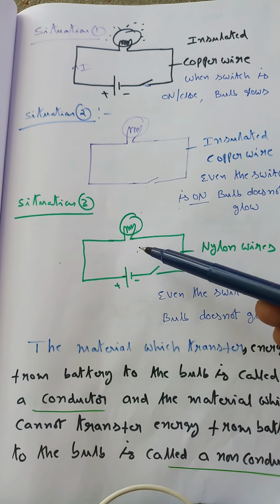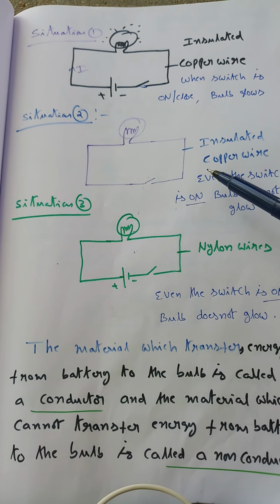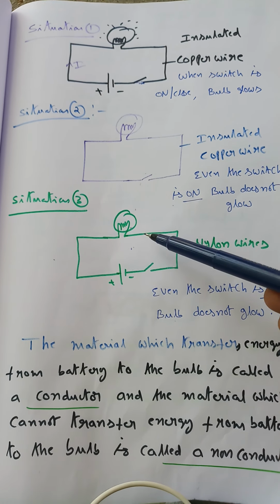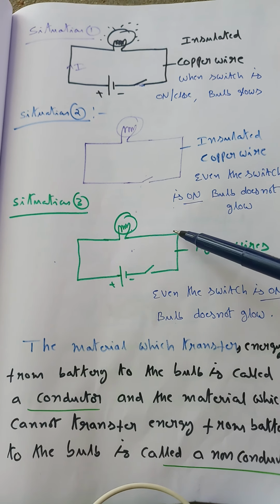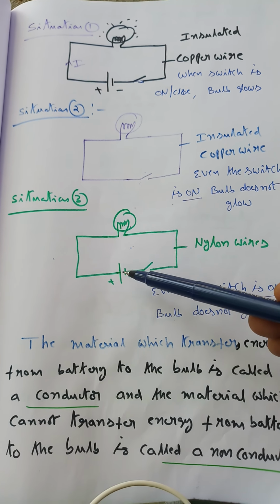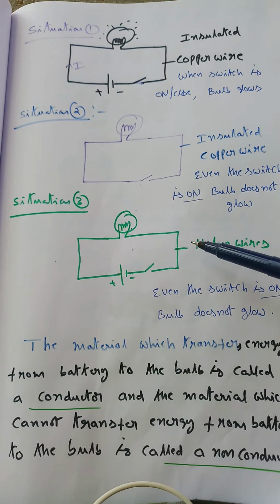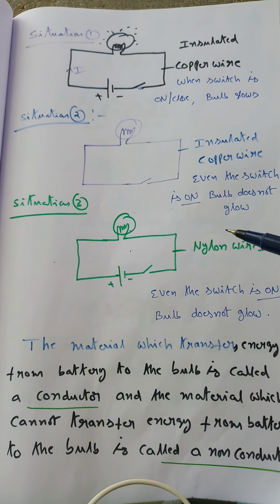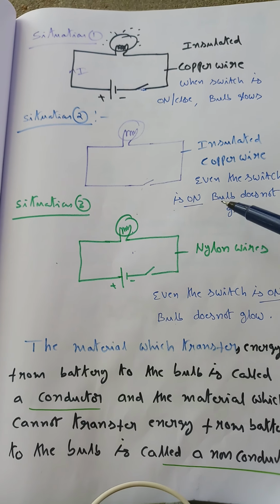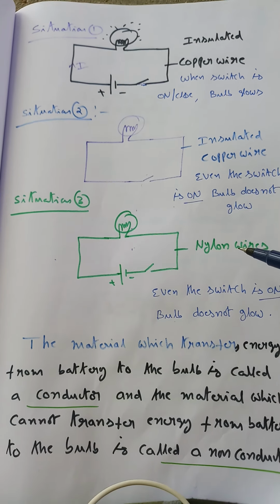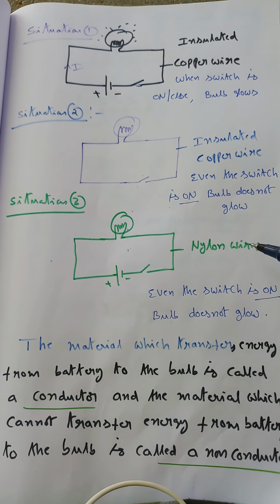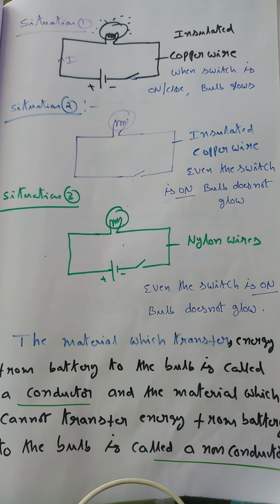But here instead of insulated copper wires, we connected a bulb to the battery through nylon wires. So here I used nylon wires.